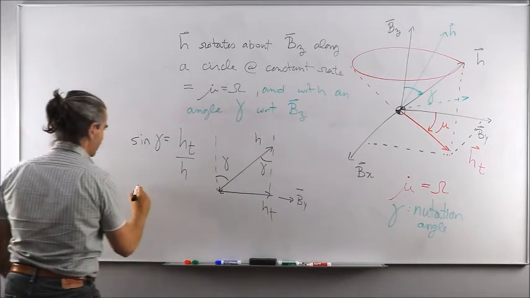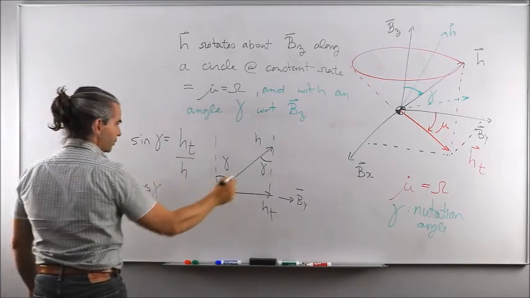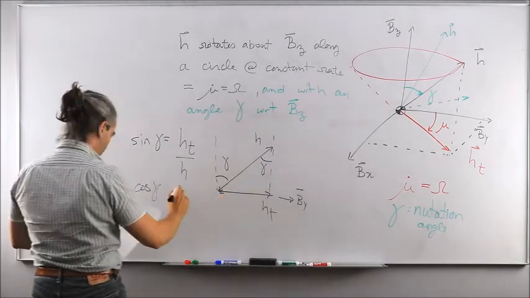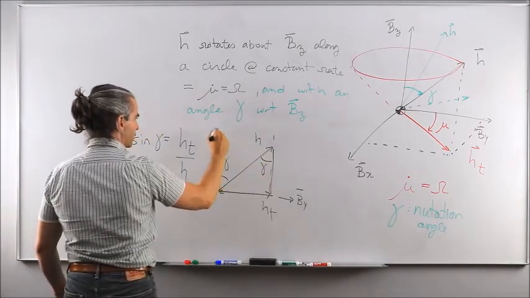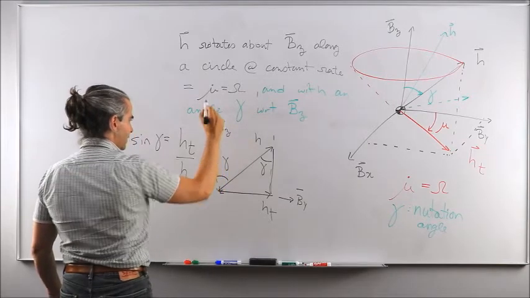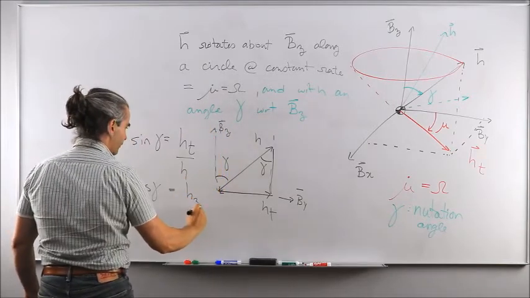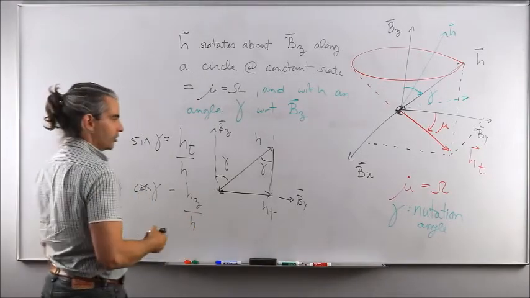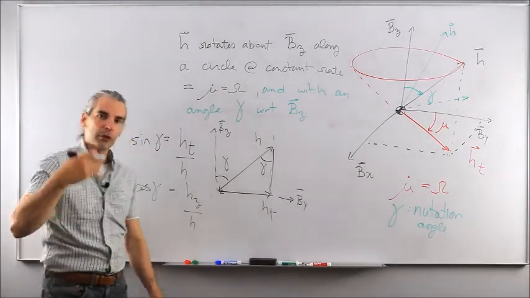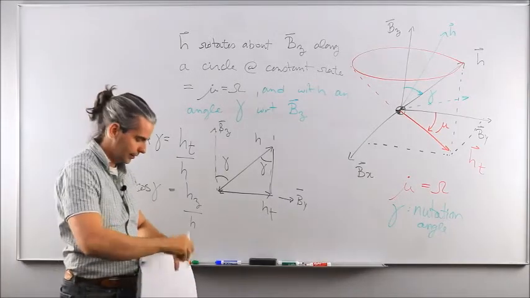And similarly, cos of the nutation angle will be equal to hz, or this side, which is along bz, so hz over h. Just two useful relations to keep in your back pocket for what will be coming up next.